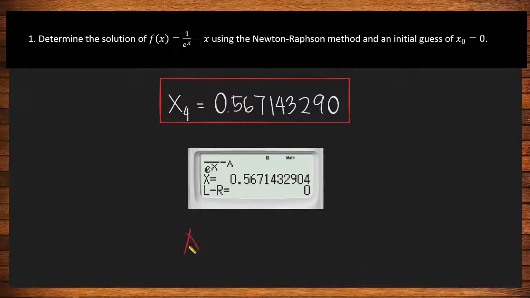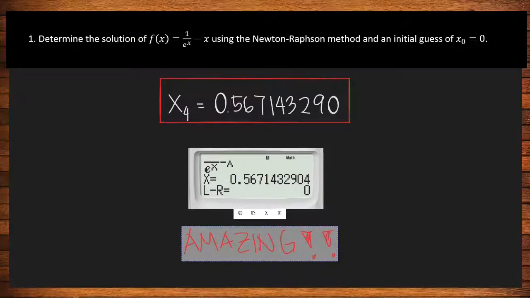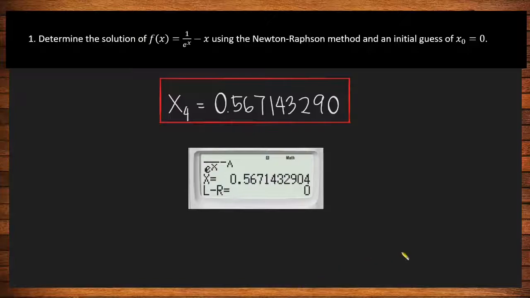Amazing. But again, always keep in mind na itong Newton-Raphson method natin is an open method, so meron pa ring chance na mag-diverge siya. But if it converges, napakabilis naman. Napakabilis niya namang mag-converge towards the true solution.